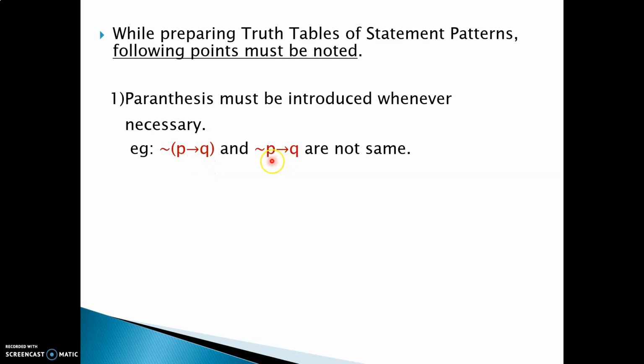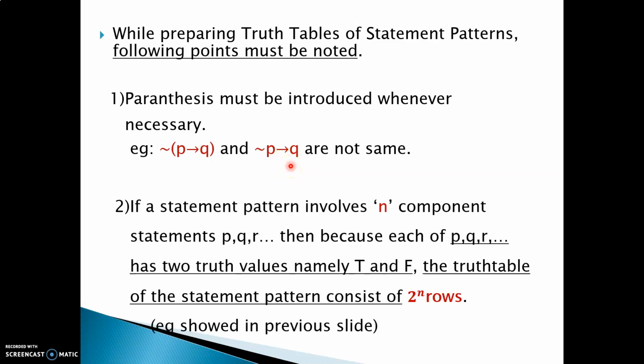In the second case, negation P you will find first, then negation P implies Q. So both are different. If a statement pattern involves n component statements P, Q, R, then because each of P, Q, R, etc. has two truth values, namely true and false, the truth table of the statement pattern consists of 2 raised to n rows, that we discussed in the previous slide.